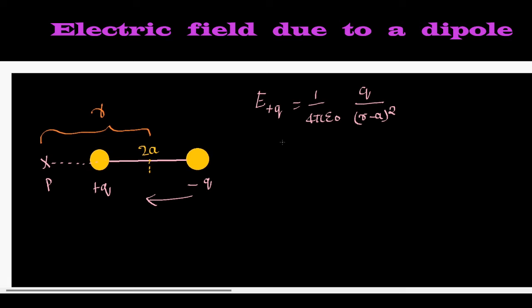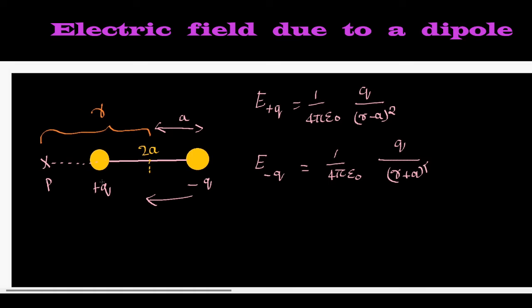And what will be the electric field due to minus q? Yes, it will be E minus q is equal to 1 by 4 pi epsilon 0 q divided by what will be the distance? Yes, from the center of the dipole to point P, it will be r plus a. So the distance will be (r plus a) the whole square.